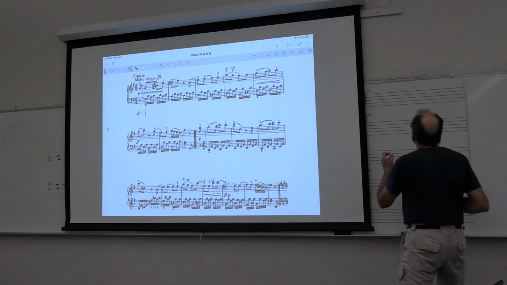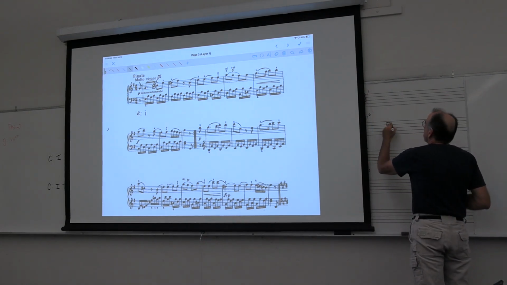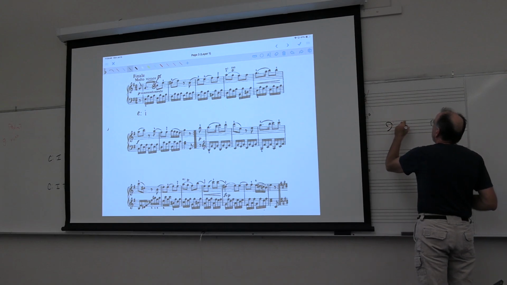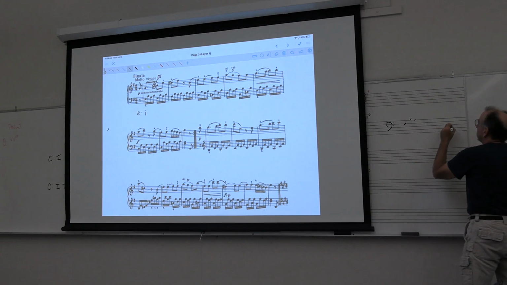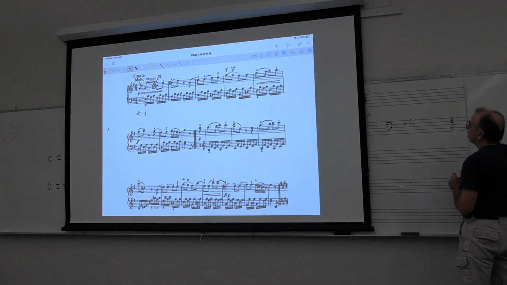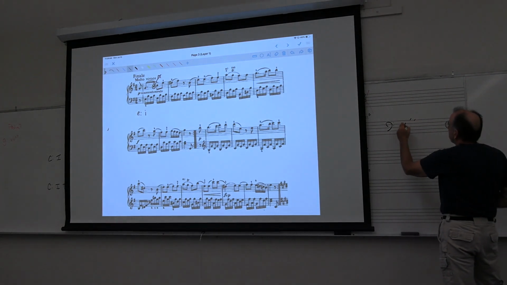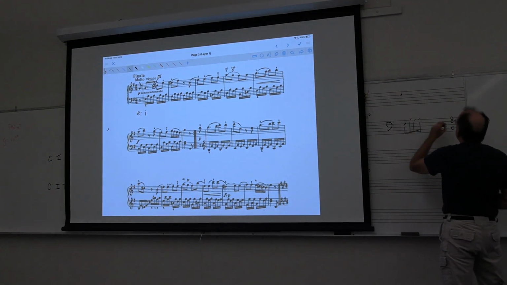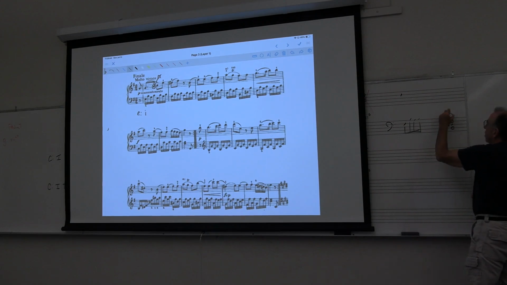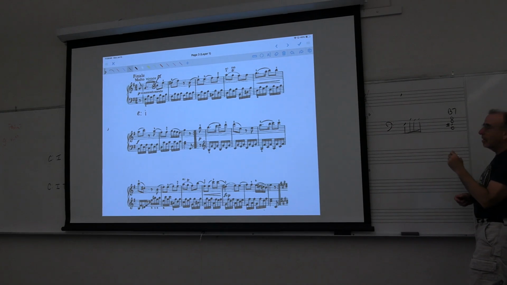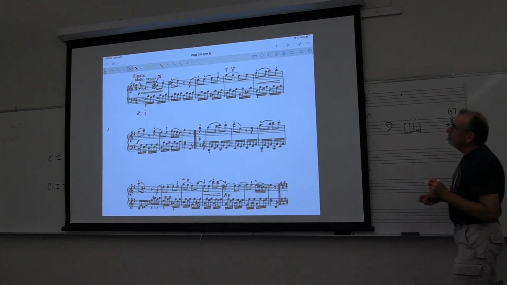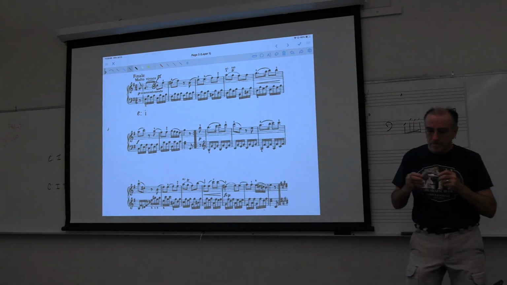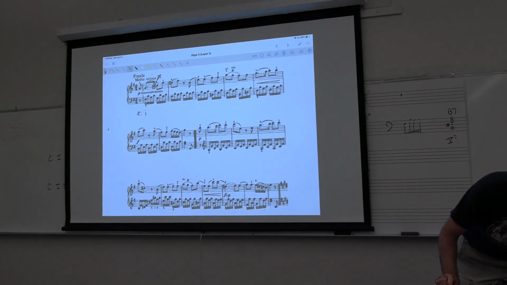Because if we look at, let me do this in basic notes, we've got these notes going on, which are going to be B, F sharp, and A. That's our left hand of the piano. Then we've also got the D sharp up here, which fits in here. So that gives us a B dominant 7th, which in the key of E minor is 5/7. When the F sharp is the lowest sounding pitch, it's 4/3. So this we'll call 5/4/3.